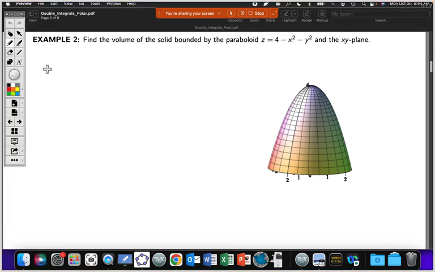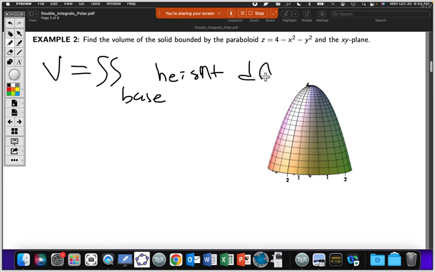All right. So once again, volume, integral over the base of the height dA. So the base is going to be in the xy plane, but it's going to be in polar coordinates.